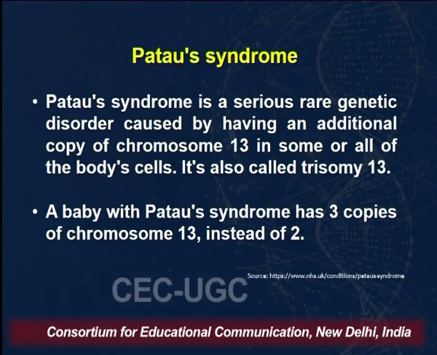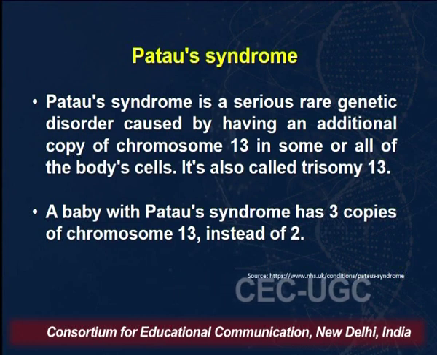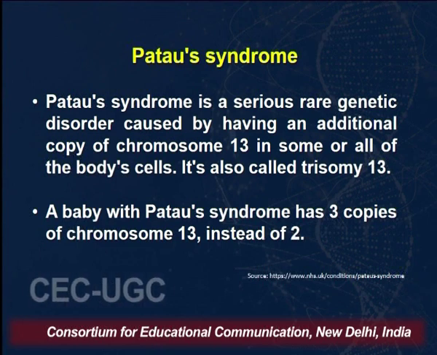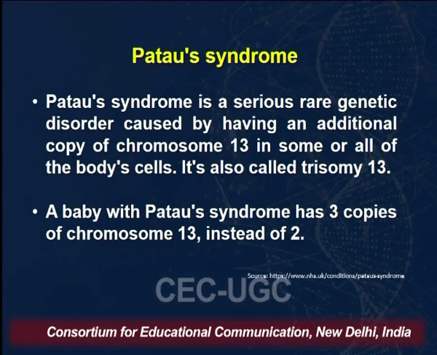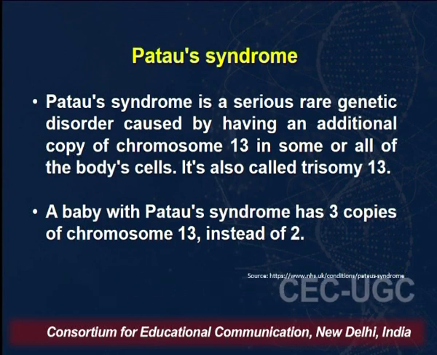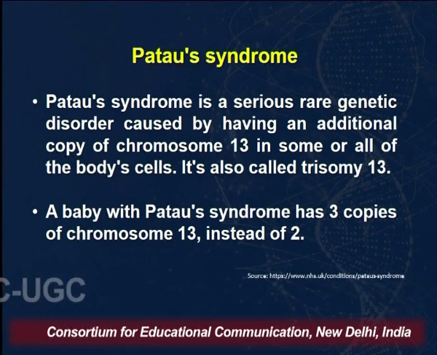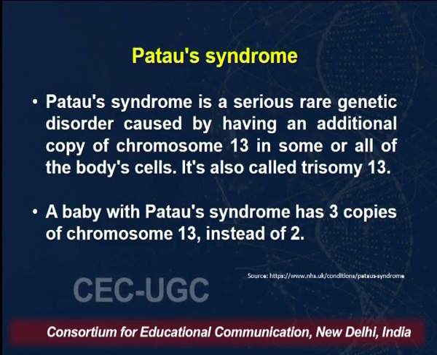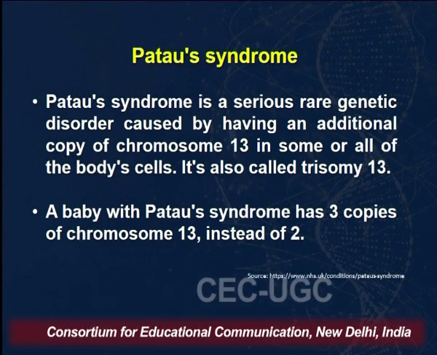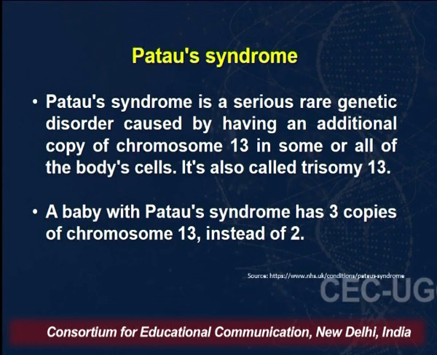Patau syndrome is a serious, rare genetic disorder. In this one, there is an additional copy of chromosome 13, so many times it is referred to as trisomy 13. A baby with Patau syndrome has 3 copies of chromosome 13 instead of 2 copies.